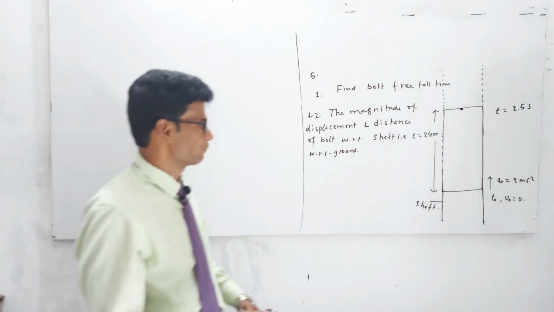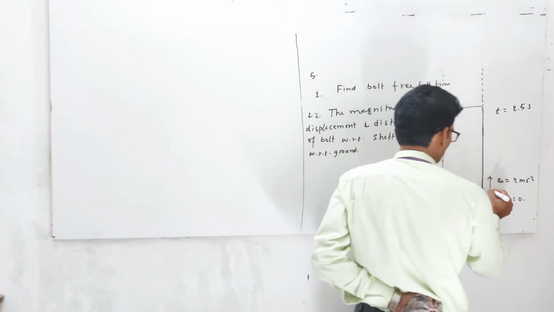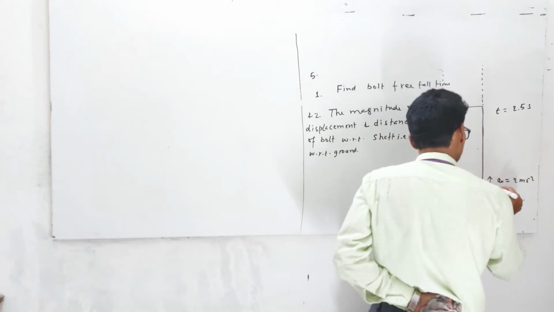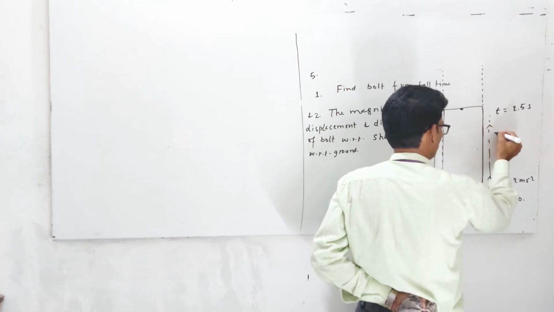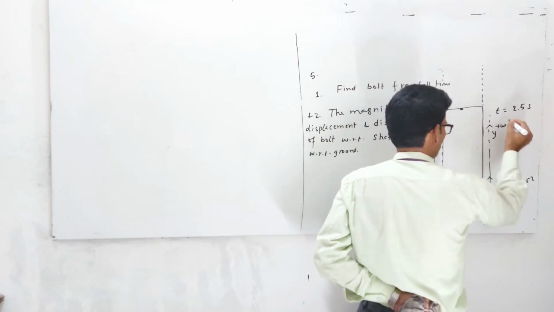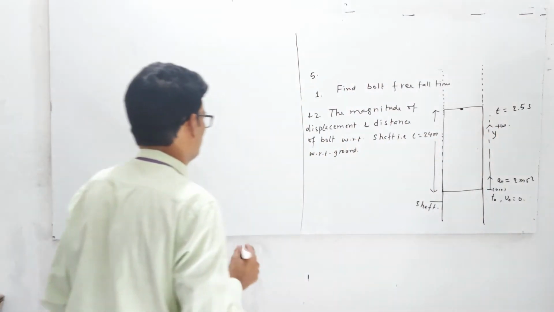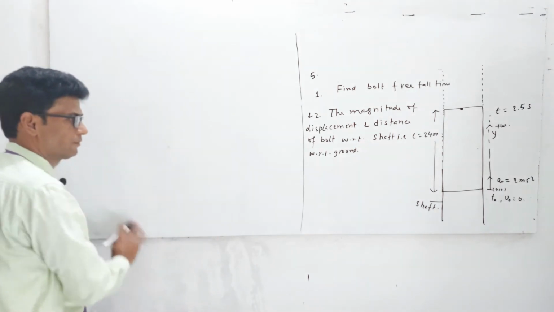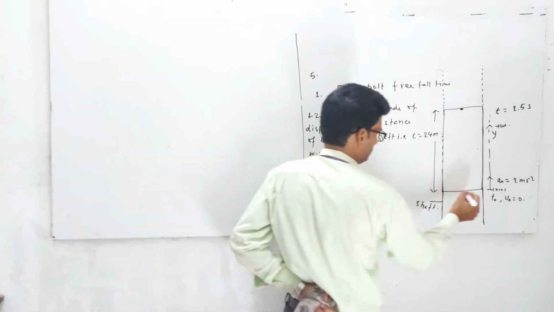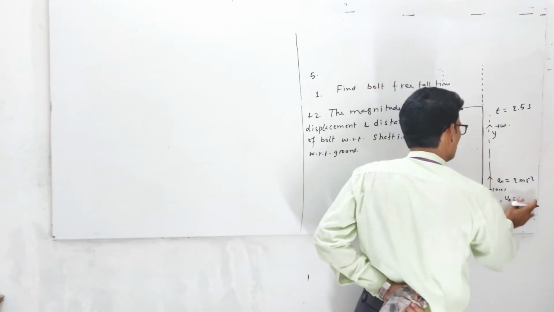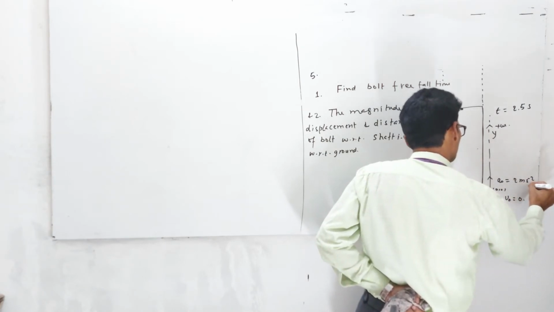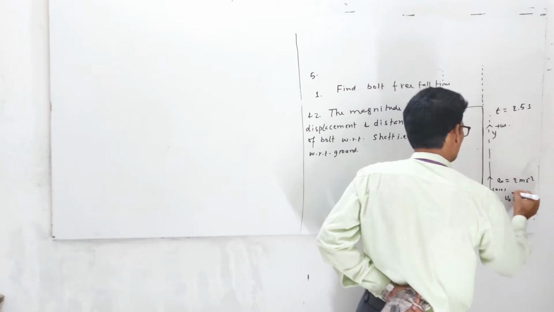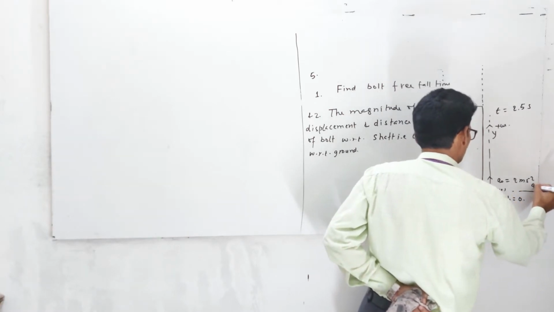For this, we take here the origin, upward direction positive, say y-axis, and we work with respect to the ground observer.